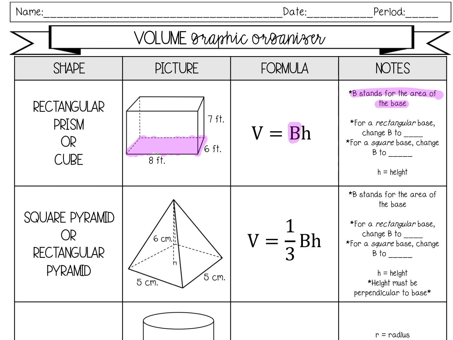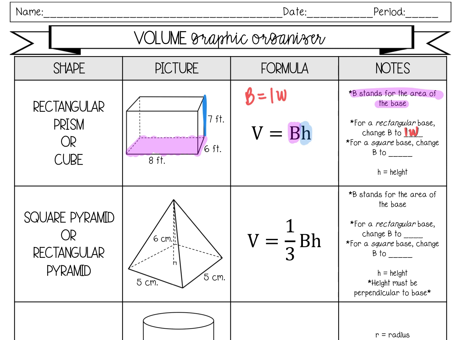For a rectangular base, change your B to, I normally say base times height, but because we're dealing with volume, it's length times width. So my capital B equals my length times my width, and then I have my height. I can do it in steps, or I could just plug all of it in together. Here is my height, and my height is my H.